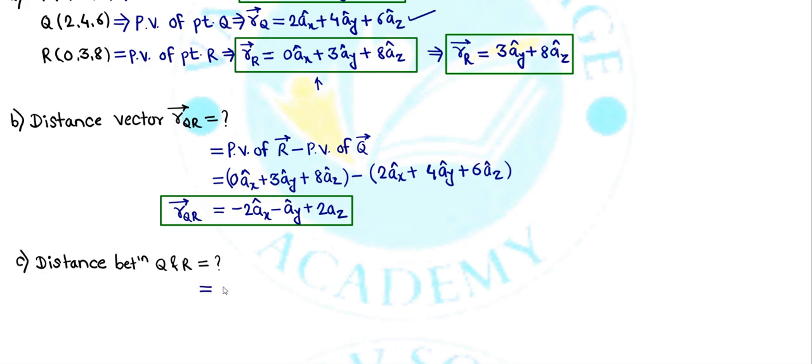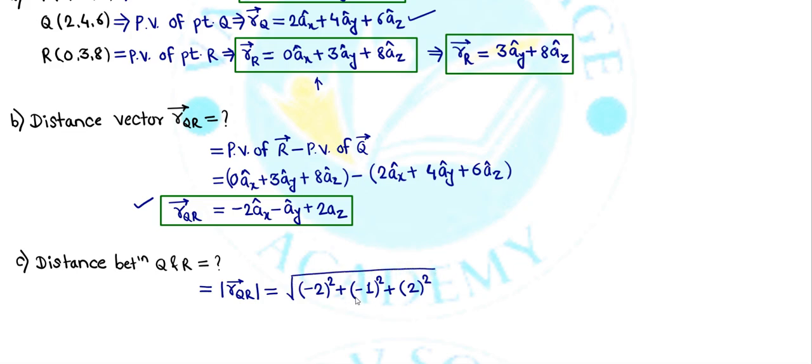So the distance in between Q and R will be given by the magnitude of your given vector, that is vector RQR, that we have just found out in part B of the numerical. So magnitude is given by what? That is the square root of minus 2 squared, this component along y is minus 1, so minus 1 squared, plus this component along z, that is 2, so 2 squared.